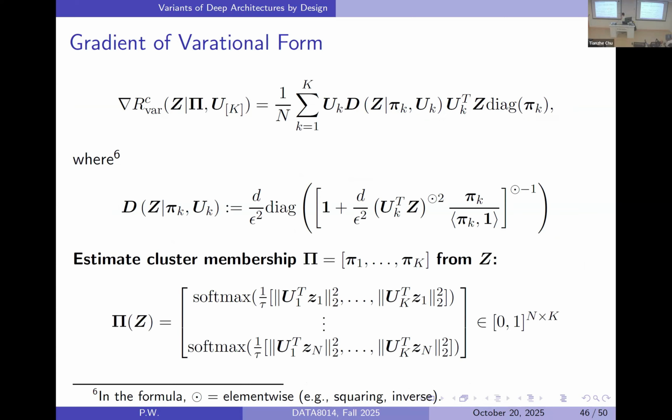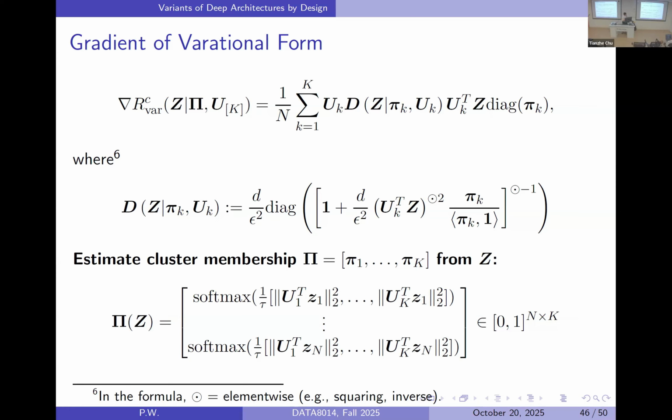You can see the gradient has this form: U_k times a D matrix, where D is defined this way, and this circle operator means an element-wise operator. It's an element-wise square of this matrix, and this is an element-wise inverse of this matrix.